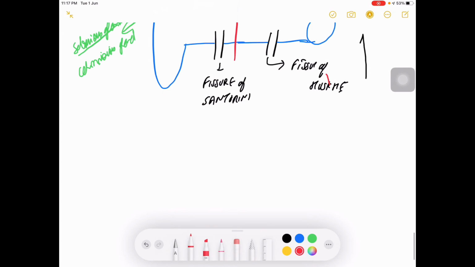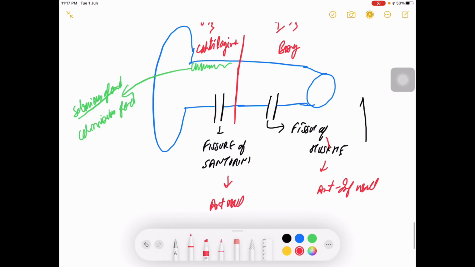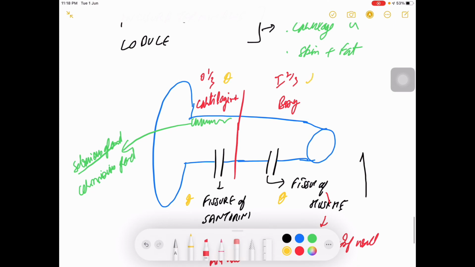Okay, and then the fissure of Santorini is in the anterior wall, whereas the fissure of Hashke is in the anteroinferior wall. So over here, what are your MCQs? Where are they located? Outer 1/3, outer 1/3, inner 2/3.